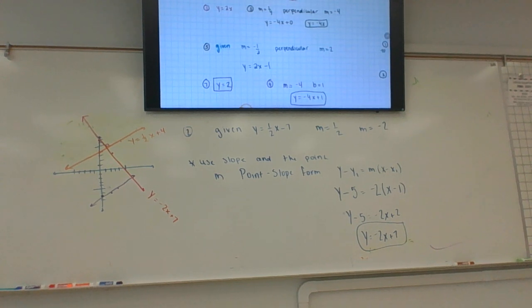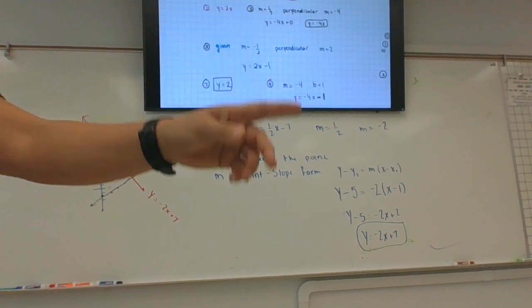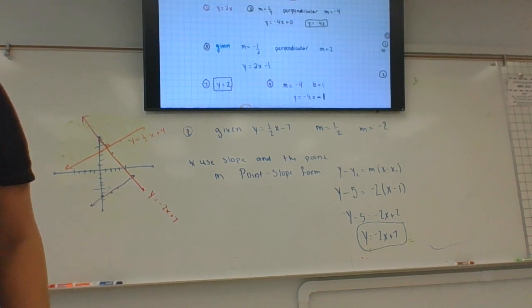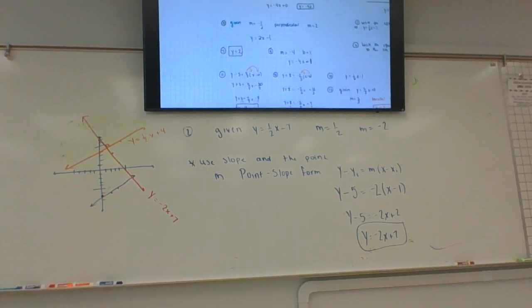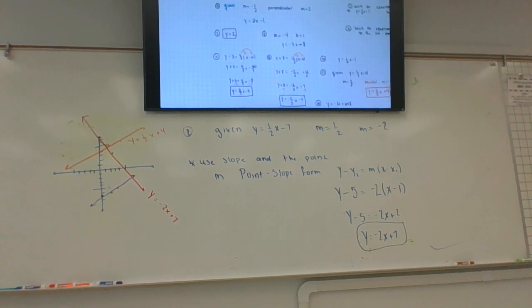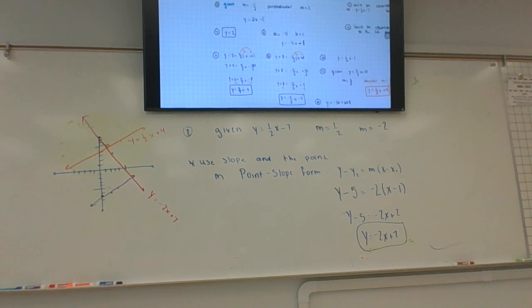I got y equals 2x minus 1. Wait, I forgot. For 9, I got y equals negative 2 thirds plus 1. I didn't do 5 because I just got y equals negative 2 at the beginning.